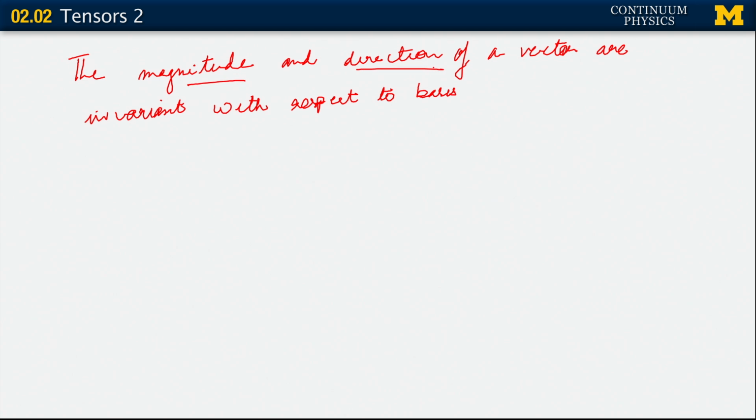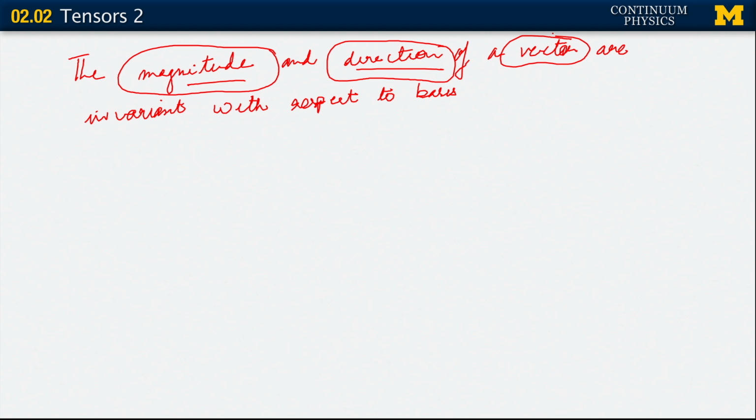But then that should make you think a little more. The magnitude and direction of a vector are invariant with respect to bases. But what does a vector have in addition to its magnitude and direction? There is nothing else, right? So if those two properties which completely define a vector are invariant with bases, the vector itself is invariant with respect to bases.